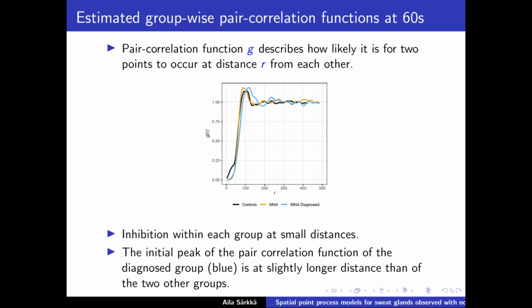Okay, so now we have an idea that if we want to model these point patterns, we are looking for regular models for regular point patterns. And there are models for them. For example, Gibbs point processes are often used. But here we also wanted to look at the temporal development of these point patterns.